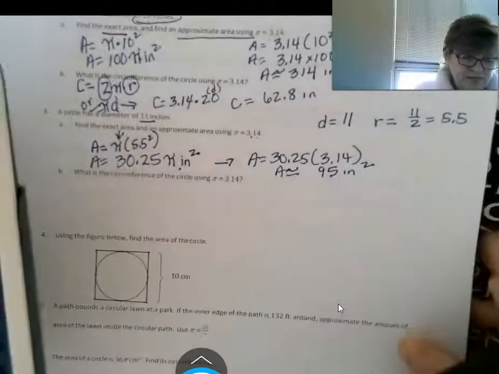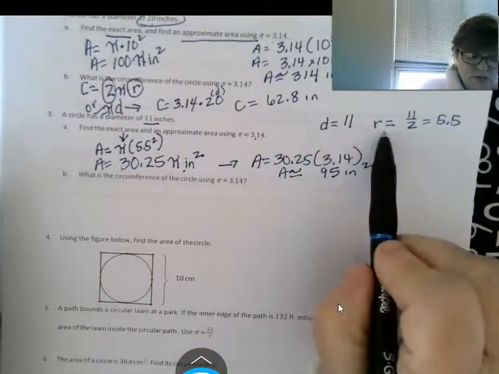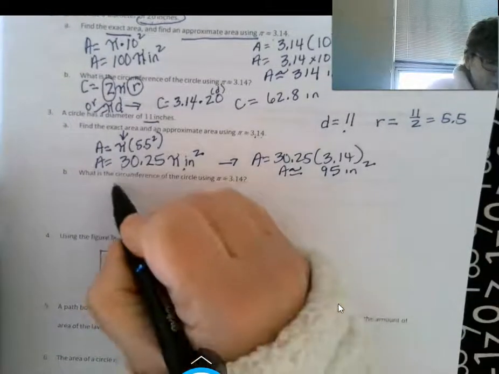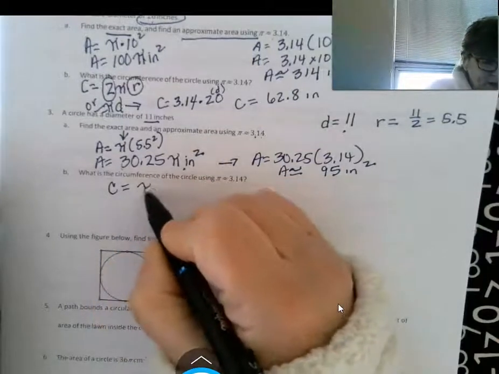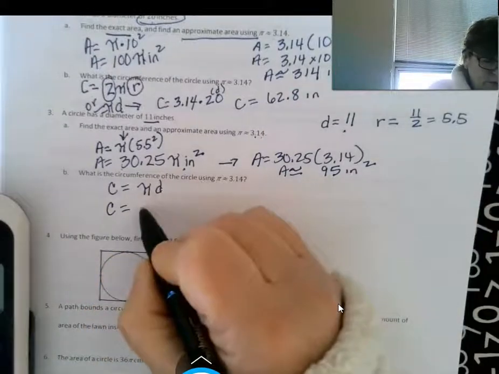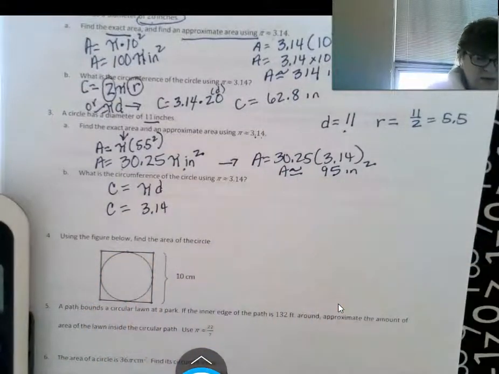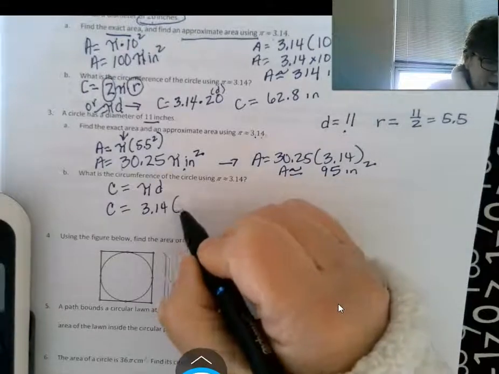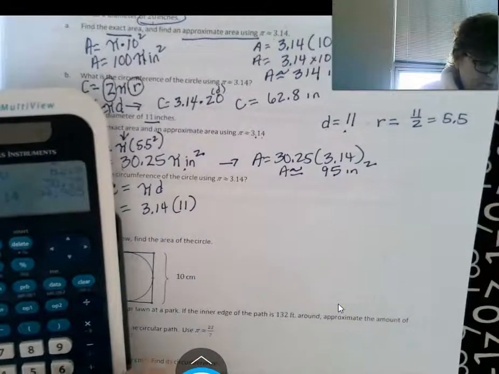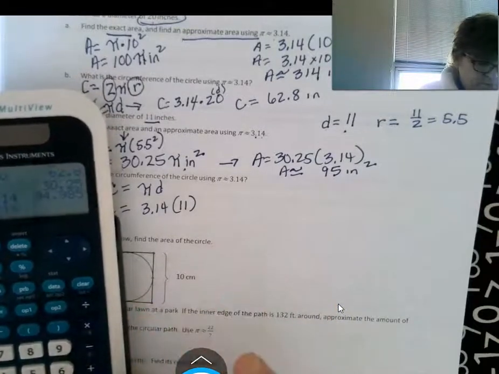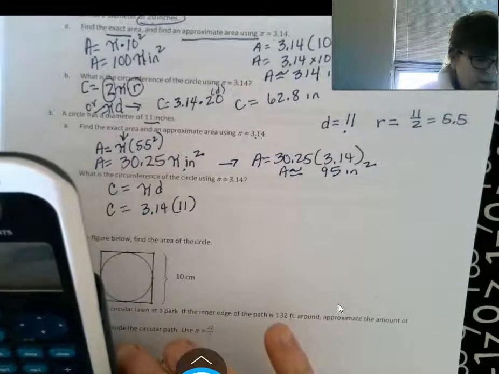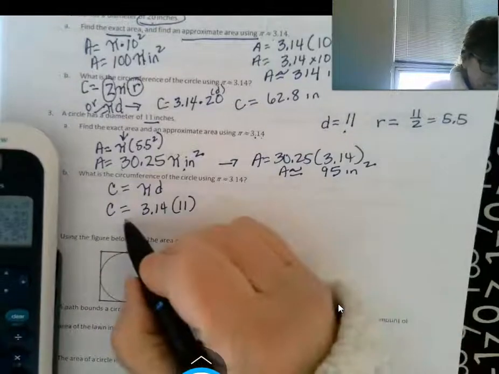The circumference would be using the radius times 2, which is also just the diameter. So the circumference is equal to pi d, which is 3.14 times 11, which is 34.54.